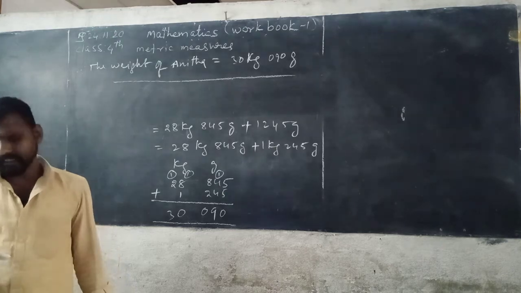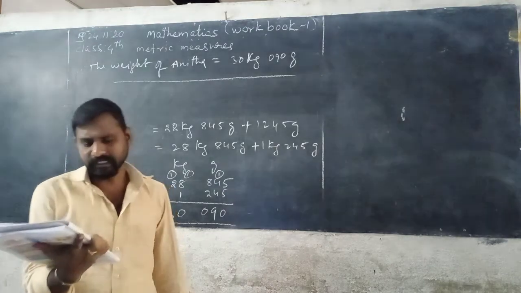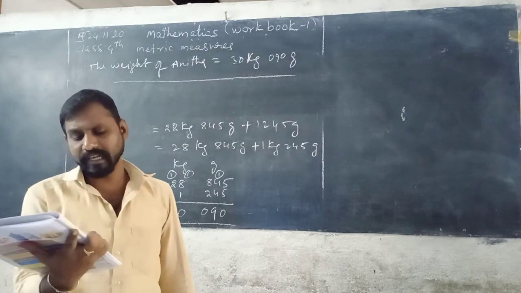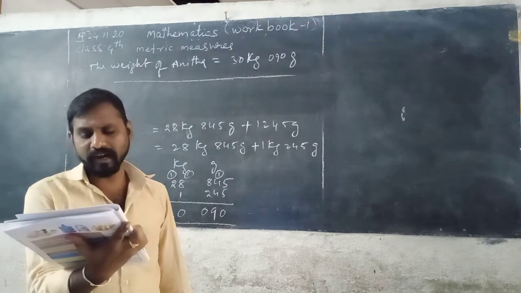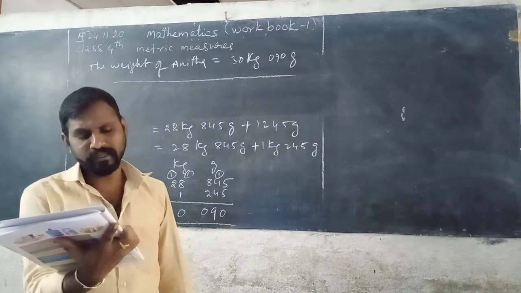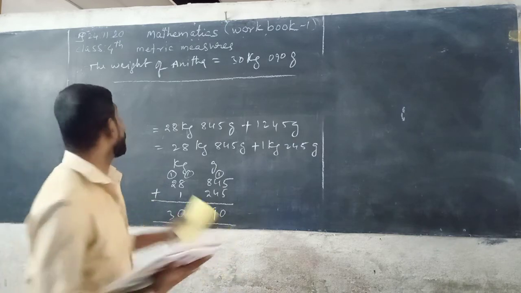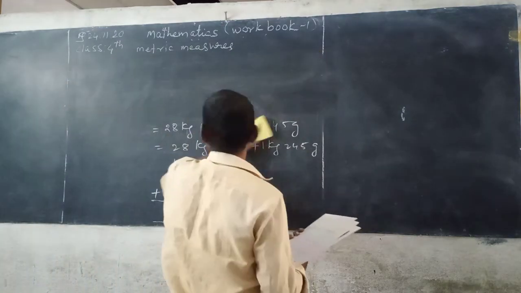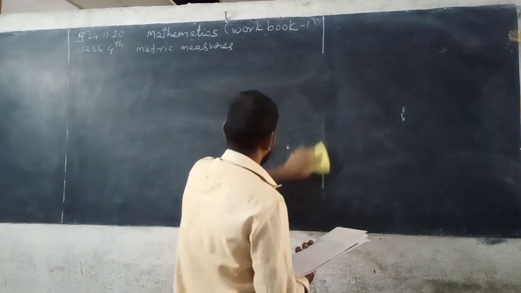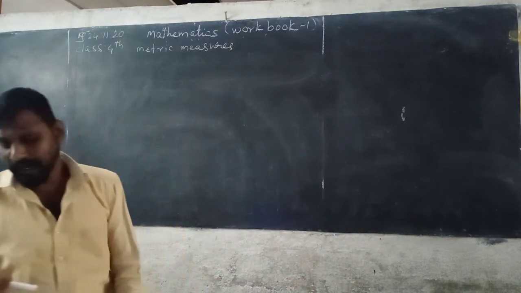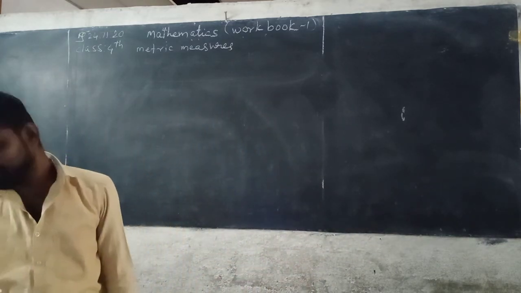Now next one: each packet of Boost weighs 750 grams. What will be the weight of cotton holding 25 such Boost packets? See here, each Boost packet weighs 750 grams.